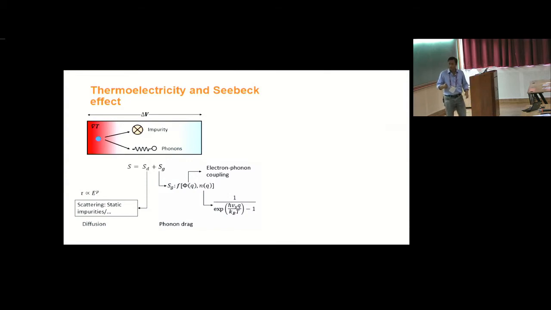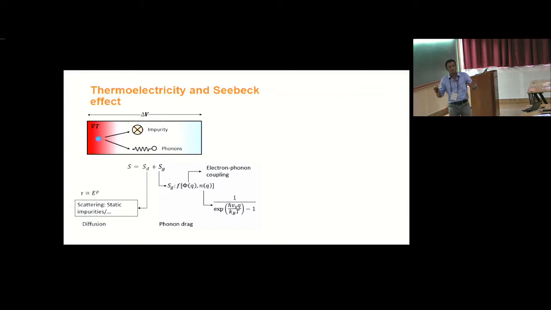Okay, so a very brief and quick introduction to thermoelectric phenomena in general: if you have a material and the electrons are moving from the hot to the cold end, they suffer various kinds of collisions, both from static impurities and phonons. The thermoelectric phenomena can be broadly classified into two parts.